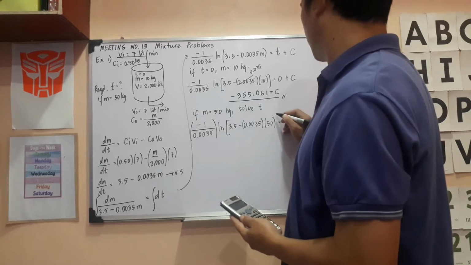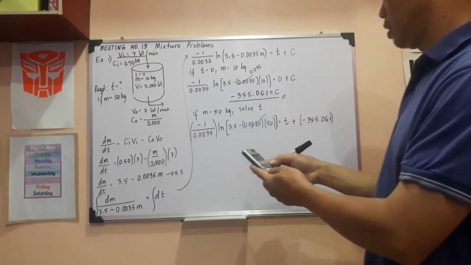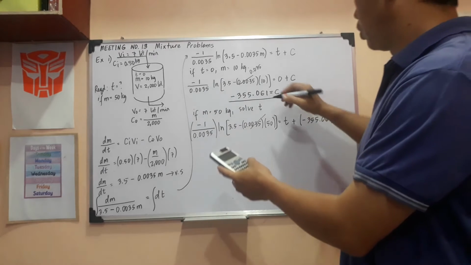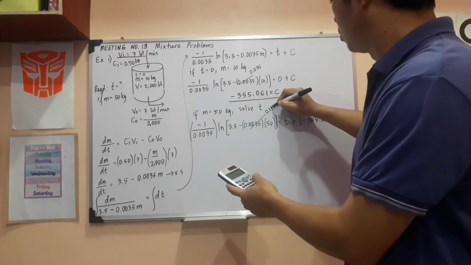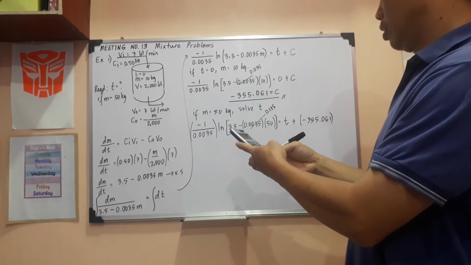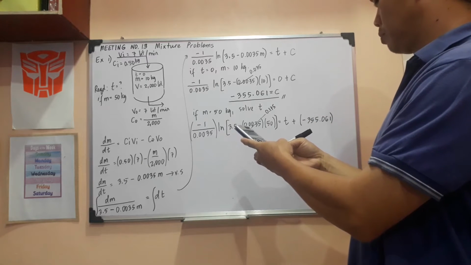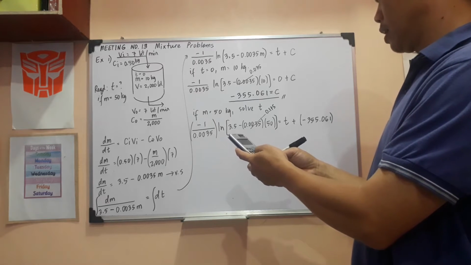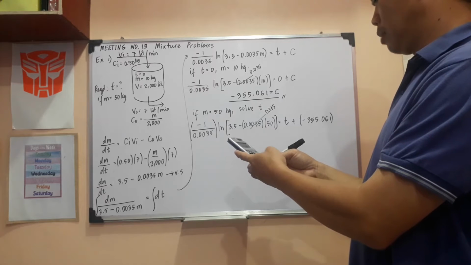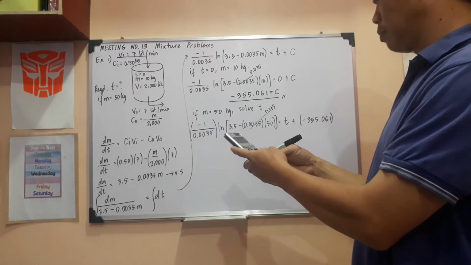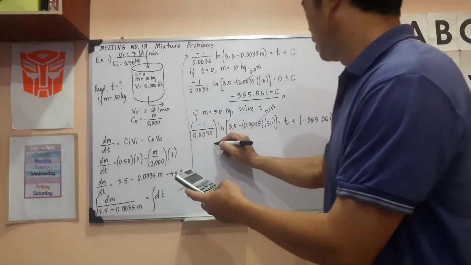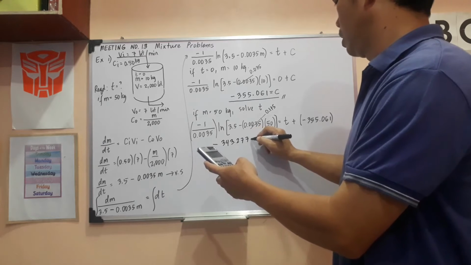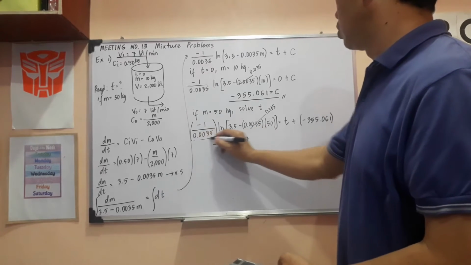So, i-perform muna natin ito, no? So, this is 50 times 0.0035 is 0.175. So, ln of 3.5 minus 0.175 equals, and then i-times natin sa negative 1 divide by 0.0035 will give us negative 343.277 for this value.